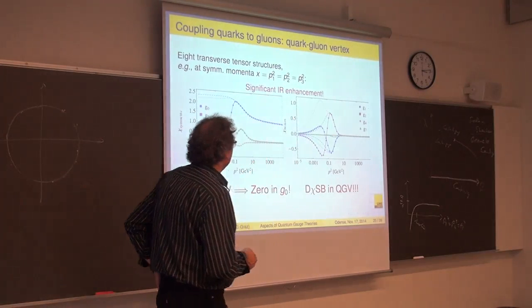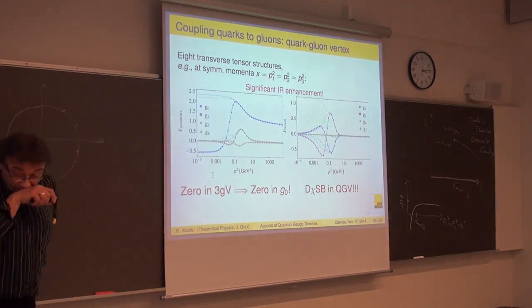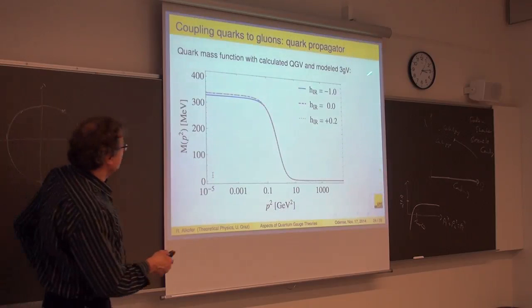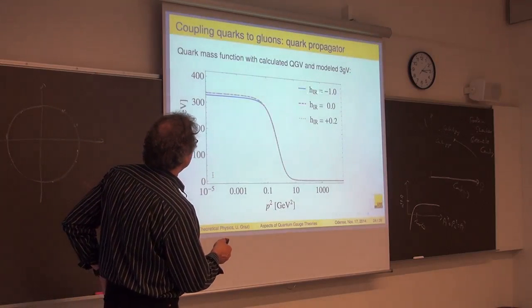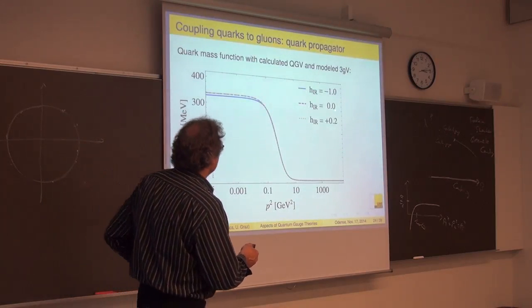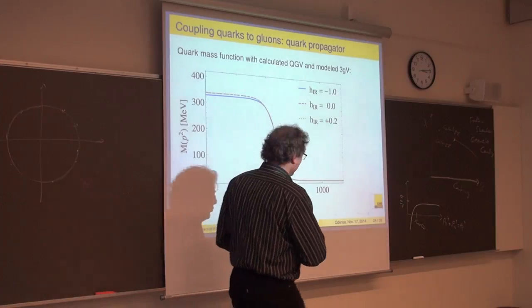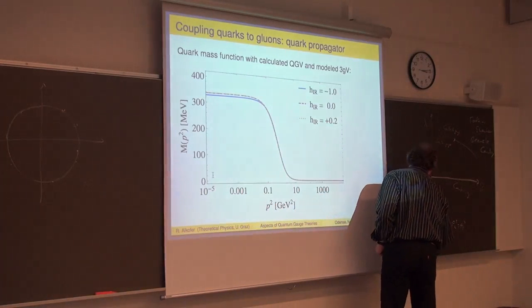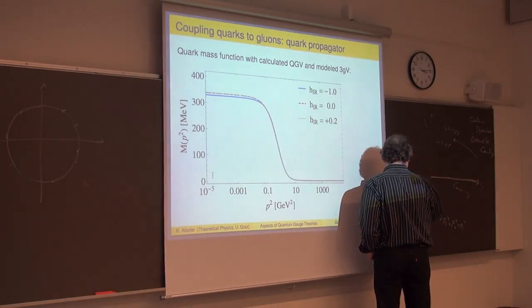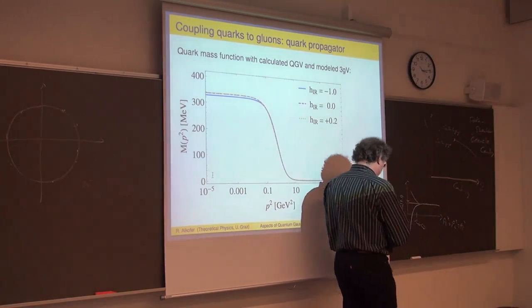And I would say, if you change so drastically the quark-gluon vertex, what happens to the quark mass function? So this is the full negative infrared divergence of the three-gluon vertex. This is by straightening the thing by brute force. I simply do this. And the other thing is by even letting it go up a little bit.